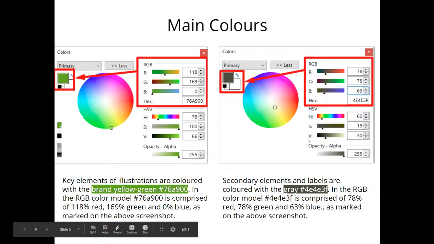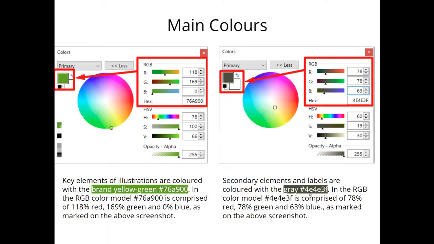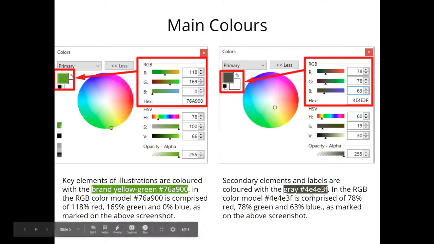And the secondary elements, for them we use this dark gray color. Here you can also see the code. Please make a screenshot for yourself or make a note somewhere, but you should have this presentation as well. So we are going to remember those two colors, and this is the main thing that we can use.